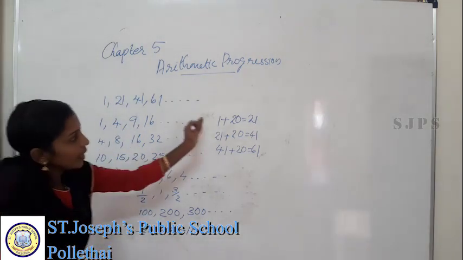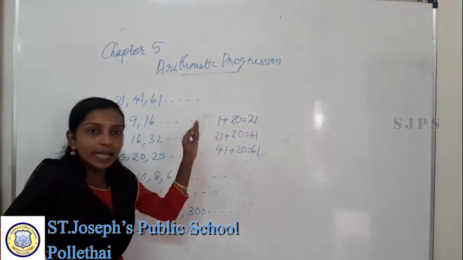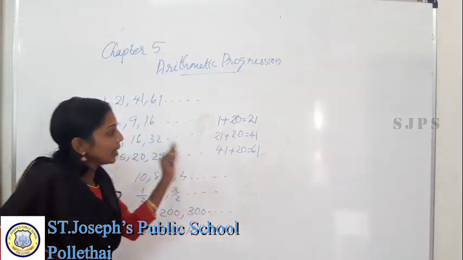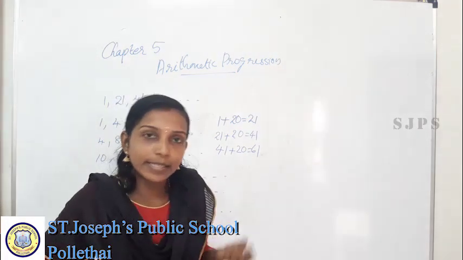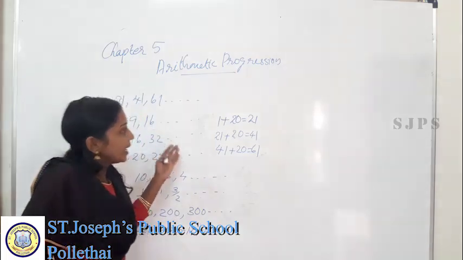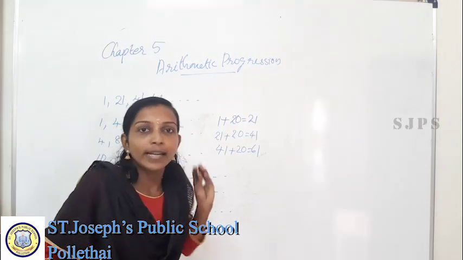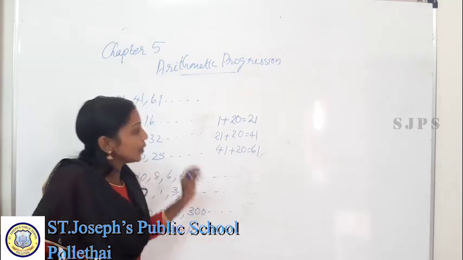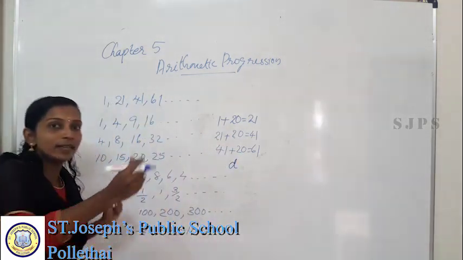Here we are adding a fixed number. That fixed number is called the common difference of the arithmetic progression. That means the fixed number added in an arithmetic progression is called the common difference, and we denote it by the small letter d.